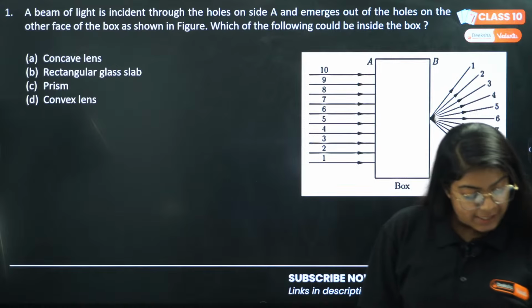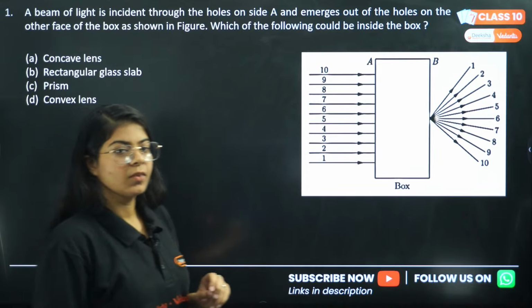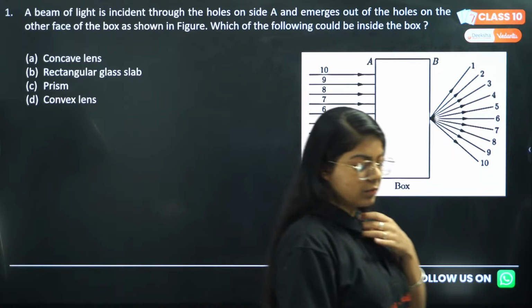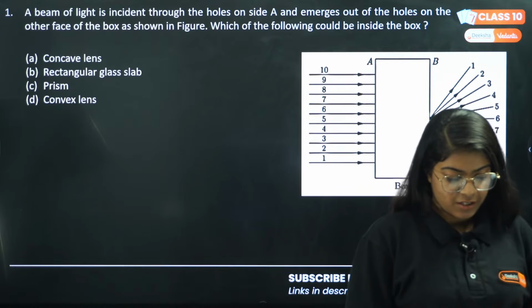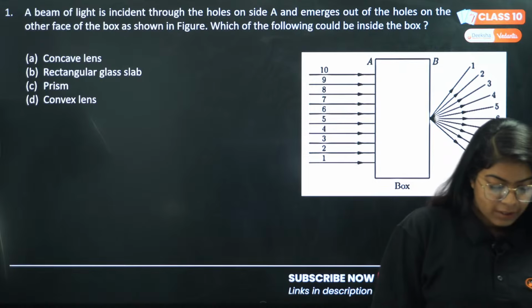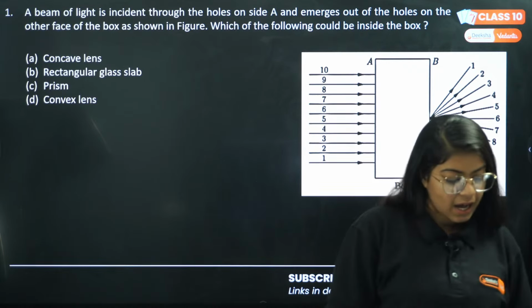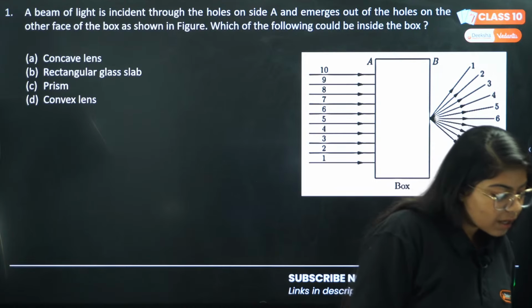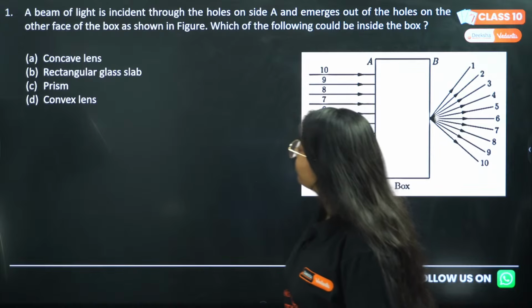A. Alia is saying A. Everyone else? Ma'am, I'm not Alia. My name is Vikash. Okay, Vikash. Okay, what answer is A? Okay, Vikas is also saying A. Alia is also saying A. This is concave lens.